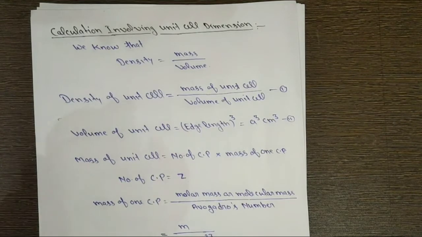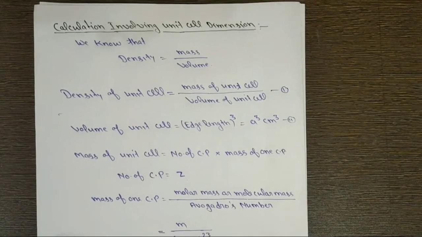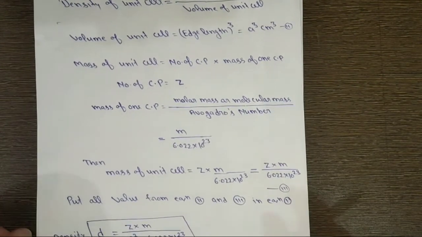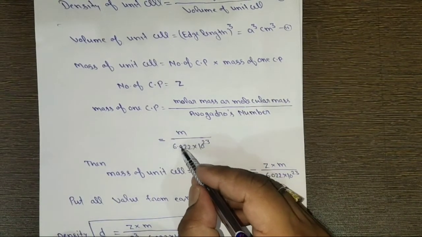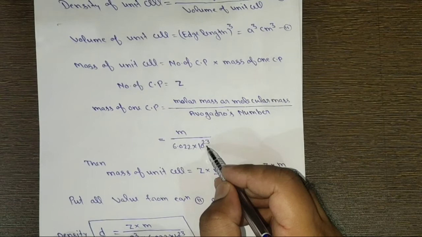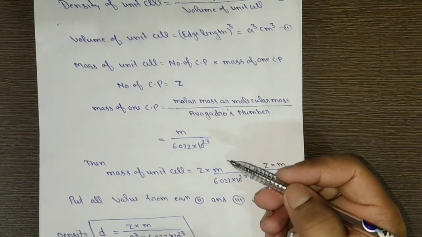In class 11, from the mole concept, we know that the mass of one atom or molecule is equal to the molar mass or molecular mass of the atom or molecule upon Avogadro number. So mass of one constituent particle equals molecular mass upon 6.022 into 10 to the power 23. 6.022 into 10 to the power 23 is the Avogadro number.